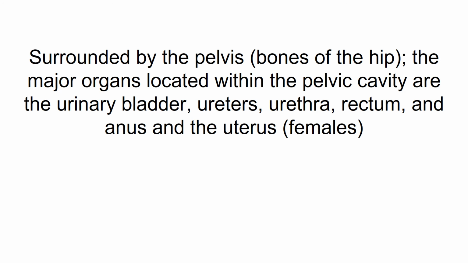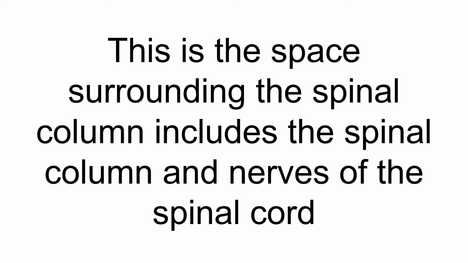Pelvic cavity is surrounded by the pelvis, bones of the hip. The major organs located within the pelvic cavity are the urinary bladder, the ureters, urethra, rectum, and anus, and the uterus for females. Spinal cavity. This is a space surrounding the spinal column, includes the spinal column and nerves of the spinal cord.